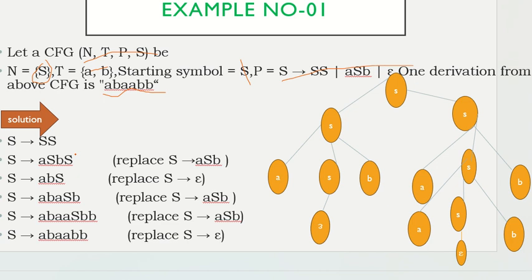For the first S, replace it with ASB. Then replace the S inside ASB with epsilon, so it becomes AB S. In ABS, now we can replace the second S with ASB.